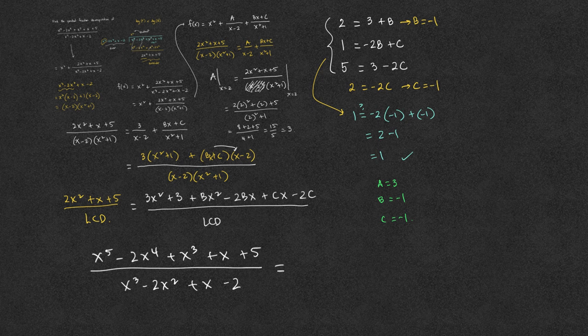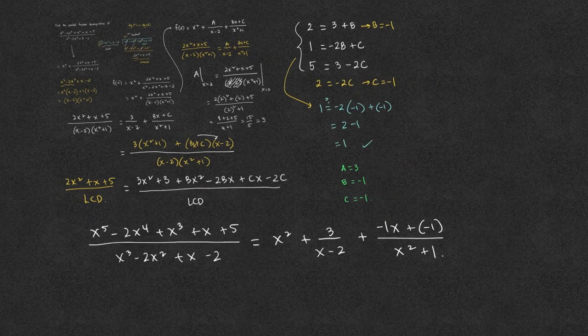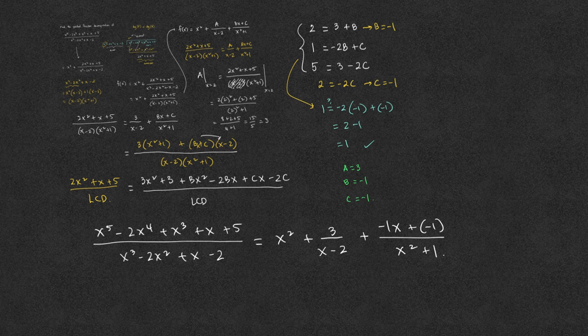We perform long division and obtain the quotient x squared with a proper fraction, and that proper fraction is 3 over x minus 2 plus (bx plus c), but b is negative 1 and c is negative 1 as well, over x squared plus 1. And this is the partial fraction decomposition of the given rational expression.